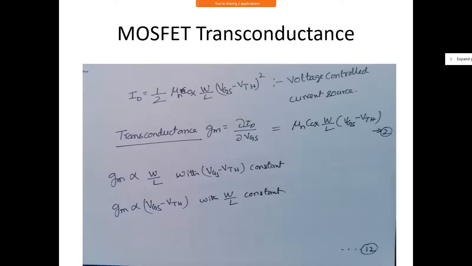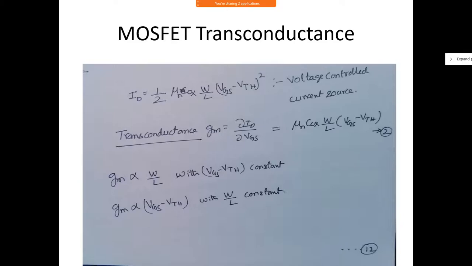We are defining this transconductance only in the saturation region. This transconductance is useful in the saturation region. Why we are interested in the saturation region is that in almost all analog circuits we try to operate the MOSFET in saturation.